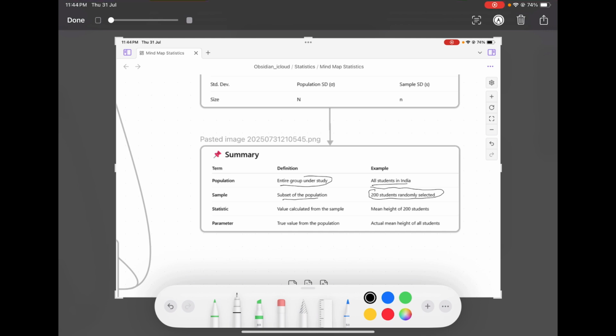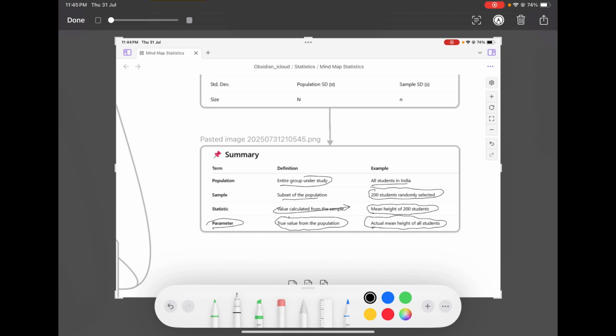And statistic is a value calculated from the sample, not the population. And parameter is the true value from the population. So an example is, the mean height of 200 students is a statistic, and the actual mean height of students is the parameter. So this is the difference between parameter and statistic.